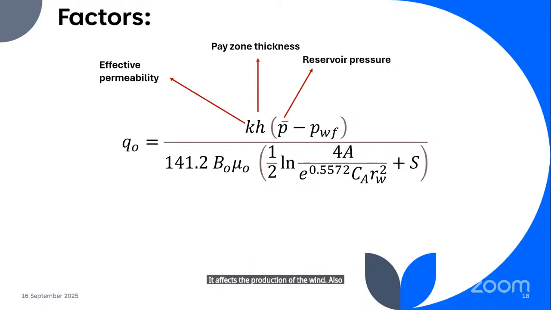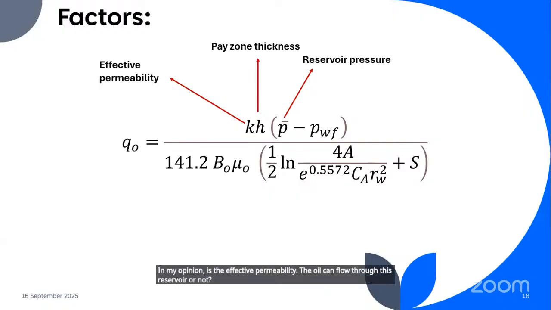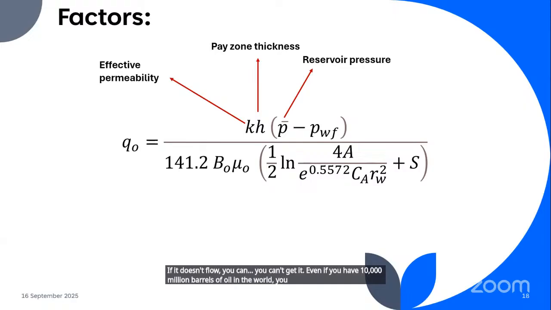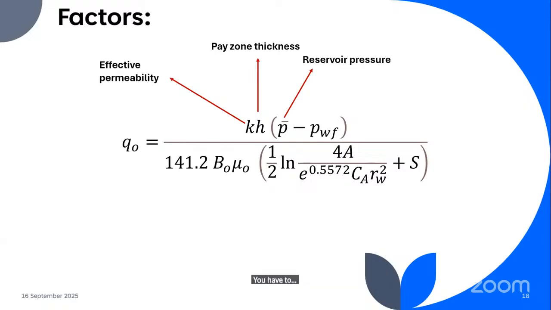Also, and the most important one in my opinion, is the effective permeability. Can the oil flow through this reservoir or not? If it doesn't flow, you can't get it, even if you have 10,000 million barrels of oil in the reservoir. You have to work around this.